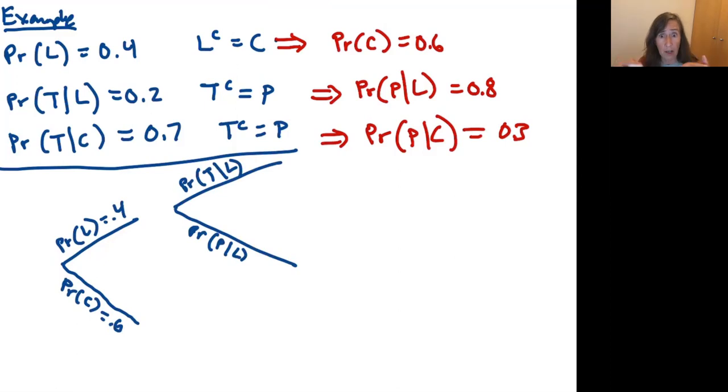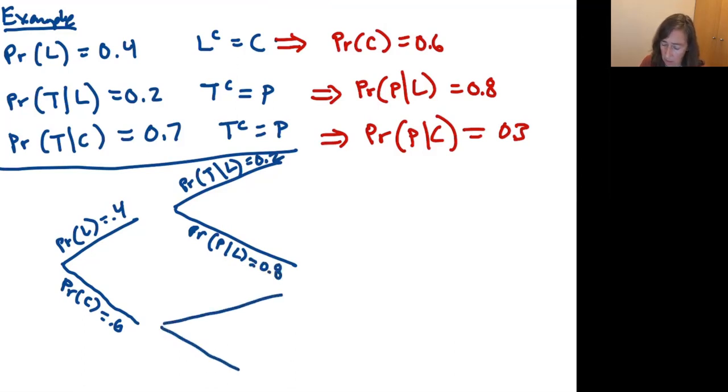I'm putting the probabilities associated with the node on the branches of this tree. The probability of being traditional, given that you're liberal, is 0.2. The probability of being progressive, given that you're liberal, is 0.8.